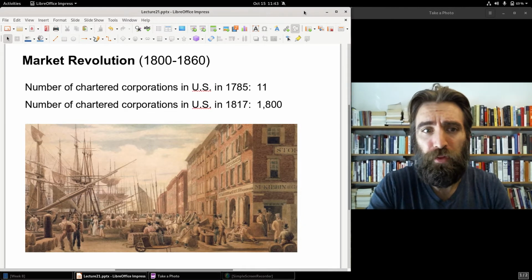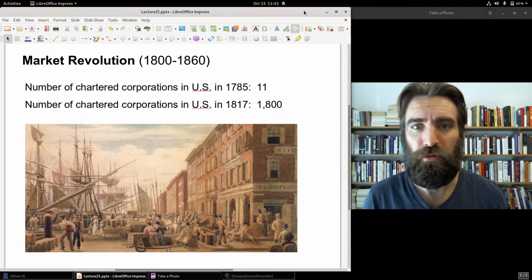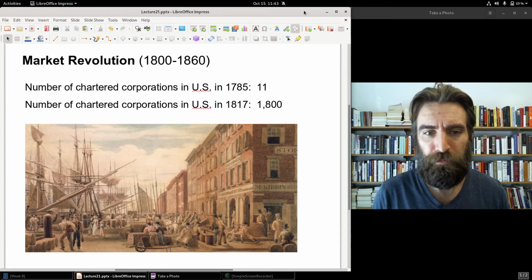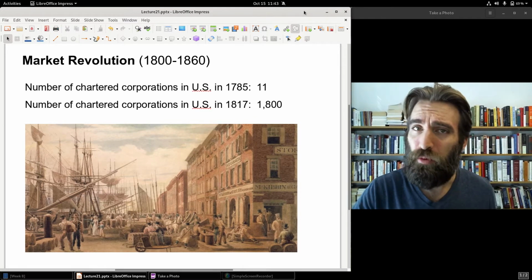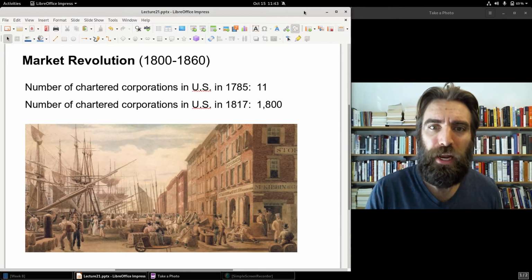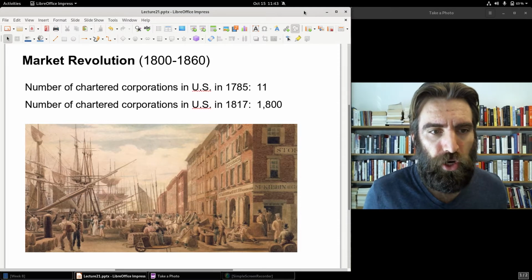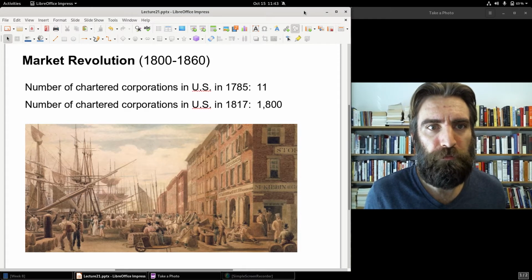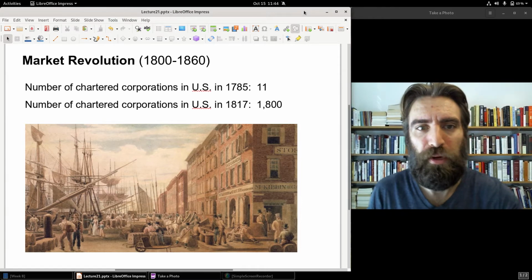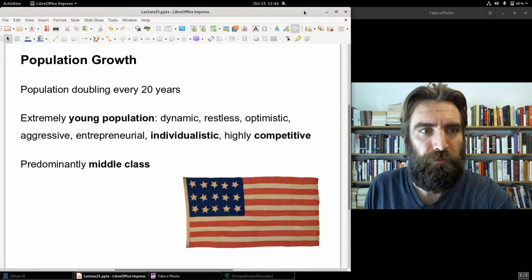And while there were larger corporations than others during this period, many of these corporations were smaller businesses. But this is an astounding number. Again, within a generation, really. 1,800 chartered corporations. Again, avenues for investment, capital investment.